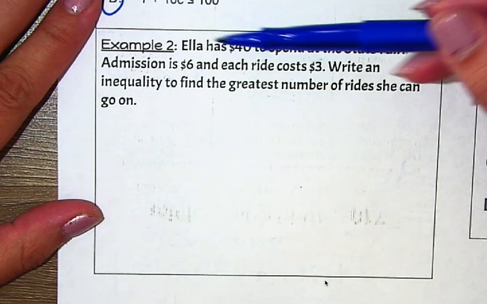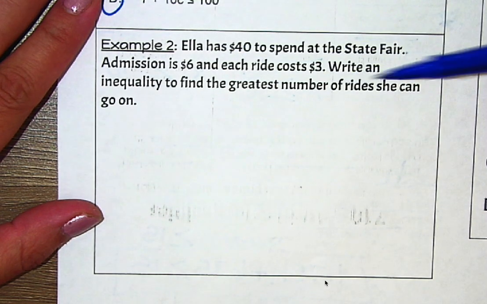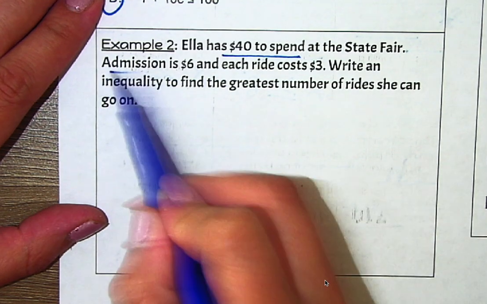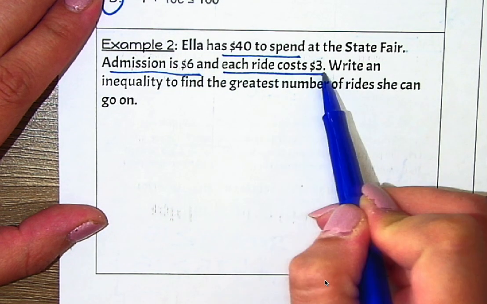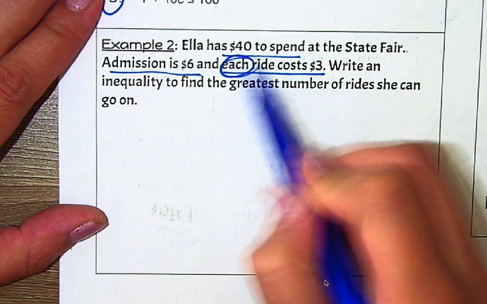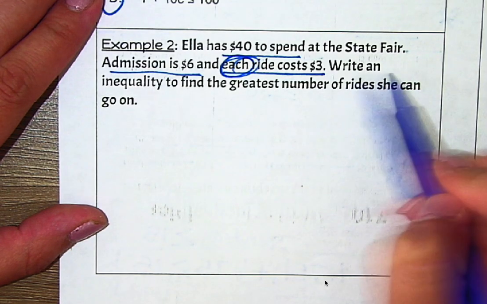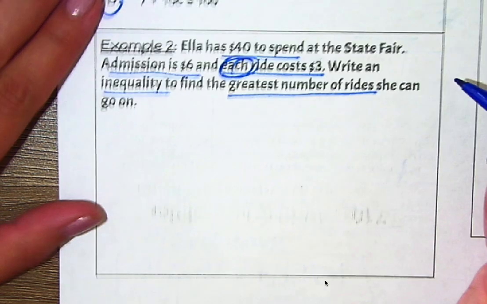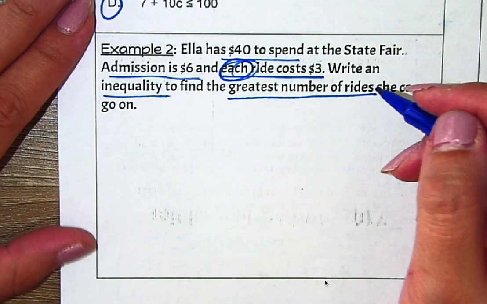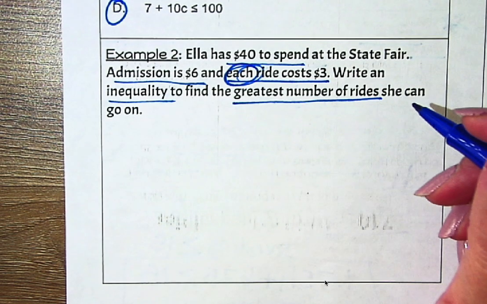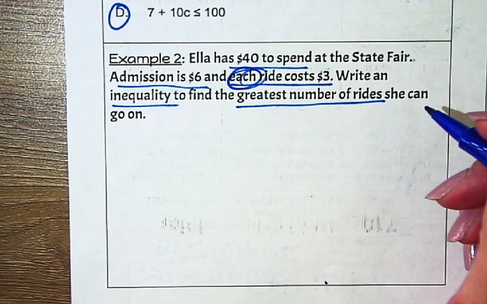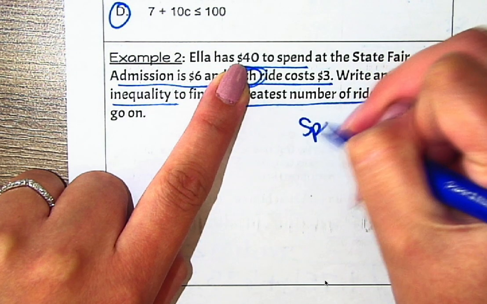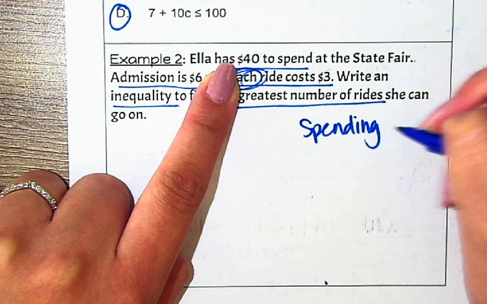It says Ella has $40 to spend at the fair. The admission is $6 and each ride costs $3. There goes each again. That means we're multiplying something. Write an inequality to find the greatest number of rides she can go on. So we got to write my inequality, right? So the first thing we have to see is she's spending $40, right?